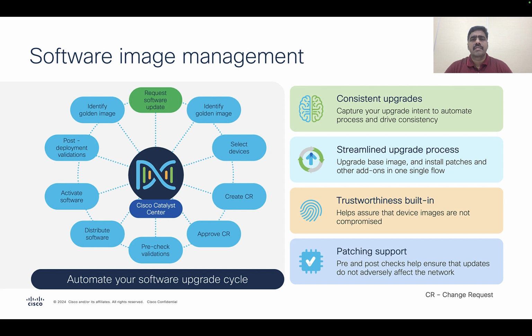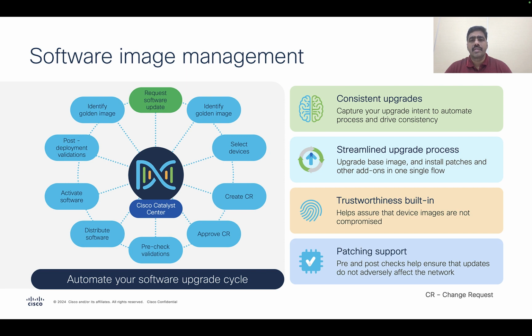Like in the manual process, even the Catalyst Center automation consists of two steps. Step 1 is distribution, where the required software is pushed to the device, and step 2 is when the device is upgraded using the software that was pushed by a reload, commonly called activation in Catalyst Center terms. Even before the software is distributed to the device, Catalyst Center does a list of pre-checks.